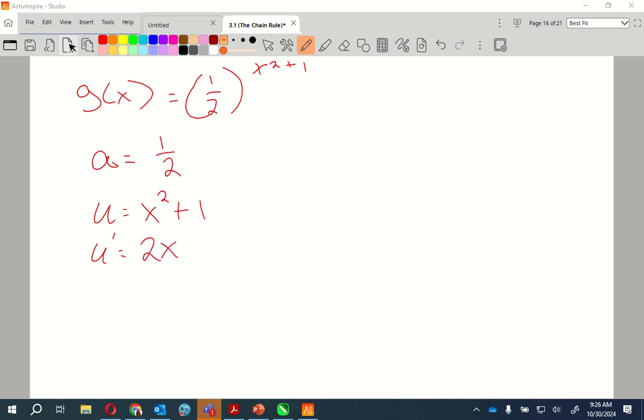All right, so let's go and rewrite it, right? So if I know what my A is, I know this is going to be 1/2 raised to the U times ln of 1/2 times du, which is 2x.